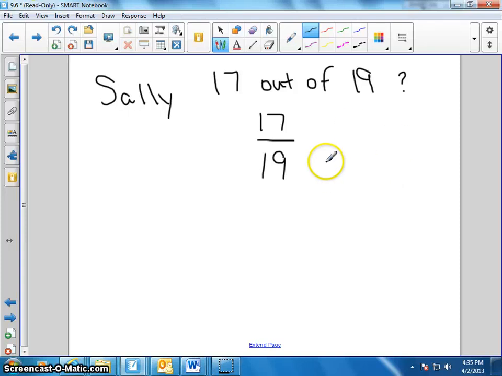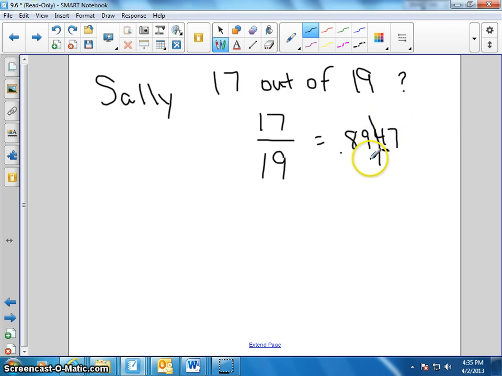And you should have gotten the decimal 0.8947, which is about 89 hundredths. And so remember, we only need the first two numbers after the decimal point. And we look at this number to decide if we need to round. Do we need to round? Is the number greater than or equal to 5?